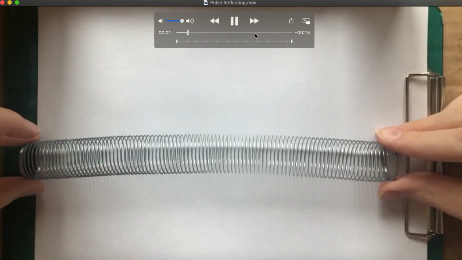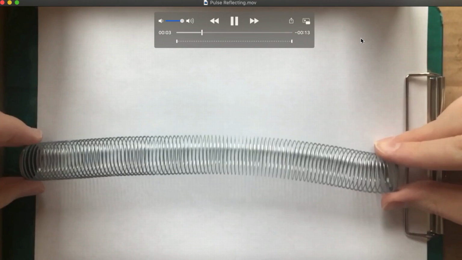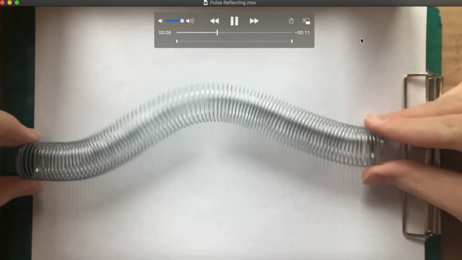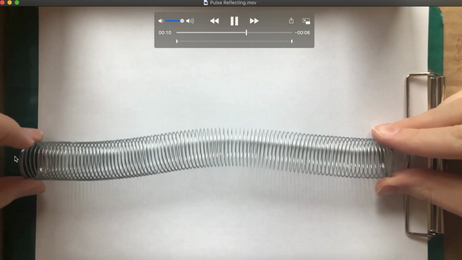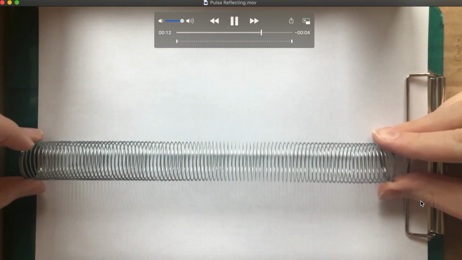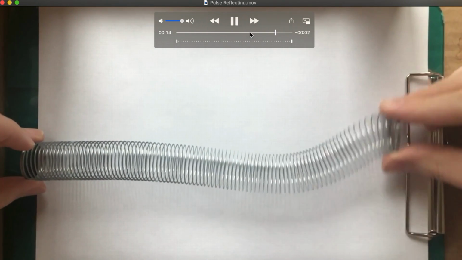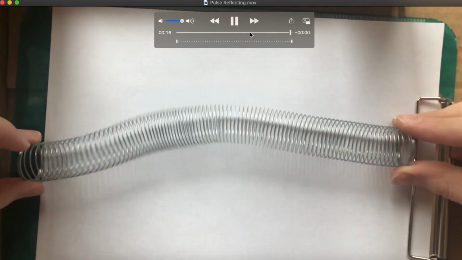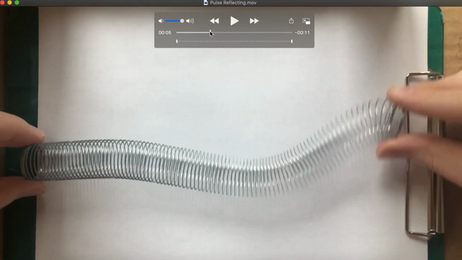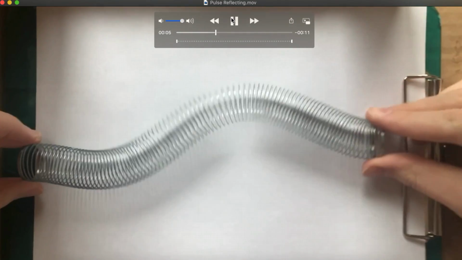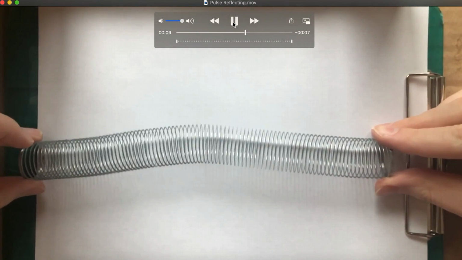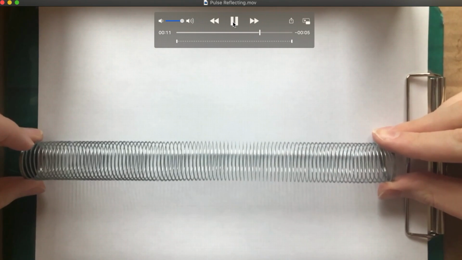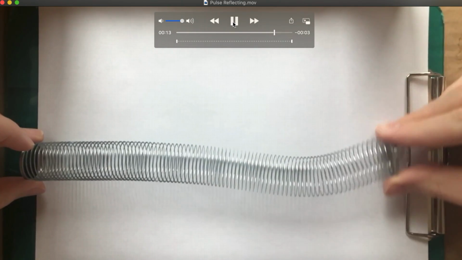So as you can see, when I make a pulse on one end of the slinky, starting from the right here, it reaches the other end and it reflects, meaning it gets to that end and then goes back the other direction. And when it reflects, you'll notice that it also changes its direction. What started as a pulse going up turns into a pulse going downwards. So this is important to the effect of the standing waves.